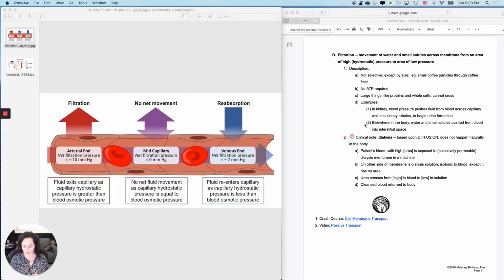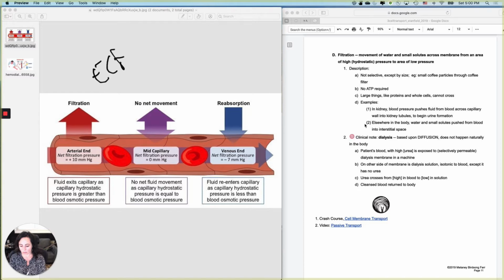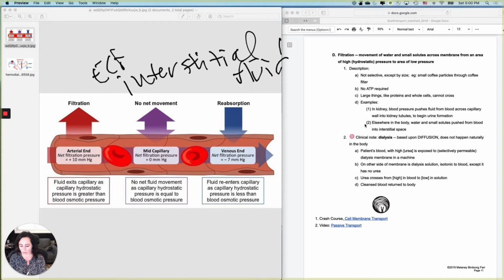So what's going to happen with filtration is that, let's see if this makes sense to you. This is the extracellular fluid, interstitial fluid specifically. And then the fluid that's in here is blood, but specifically plasma that we're talking about.